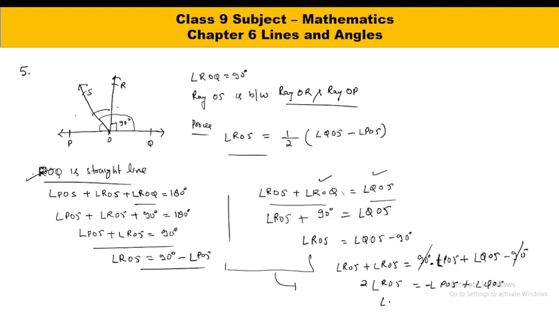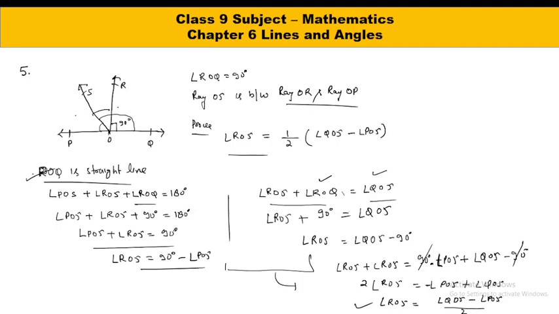Now angle ROS will be equal to angle QOS minus angle POS divided by 2. That is the thing we need to prove in this question. So this is how we will take this question.